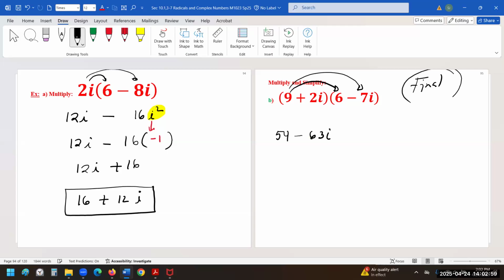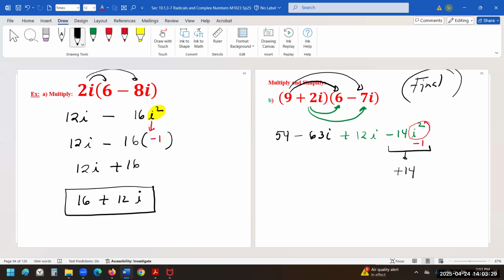Negative 63i. And then the other way around? Plus 12i. And lastly, negative 14 i squared. This i squared is negative 1. That means the negative 14 turns into positive 14.